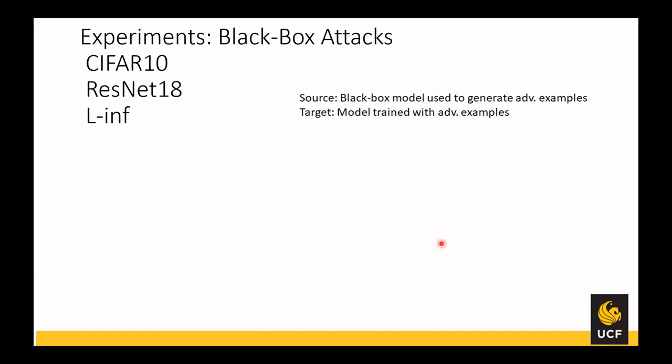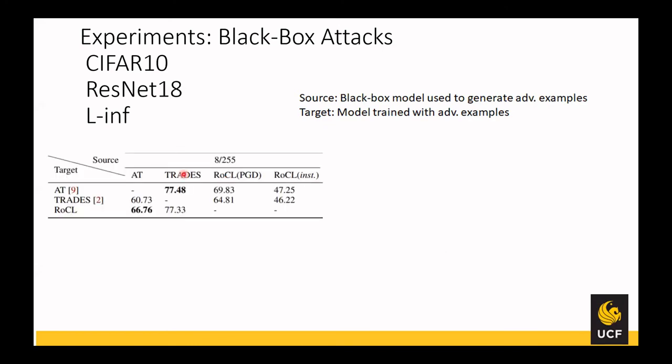The next experiment, they considered black box attacks on CIFAR10 data in a ResNet 18 L-infinity network. So what we have here in the columns, these are the black box models used to generate adversarial examples. So this first column is the supervised adversarial training. Then there's the TRADES. Then there's the ROCL that generates PGD attacks with the linear layer, and ROCL that generates instance-wise attacks with the projector.